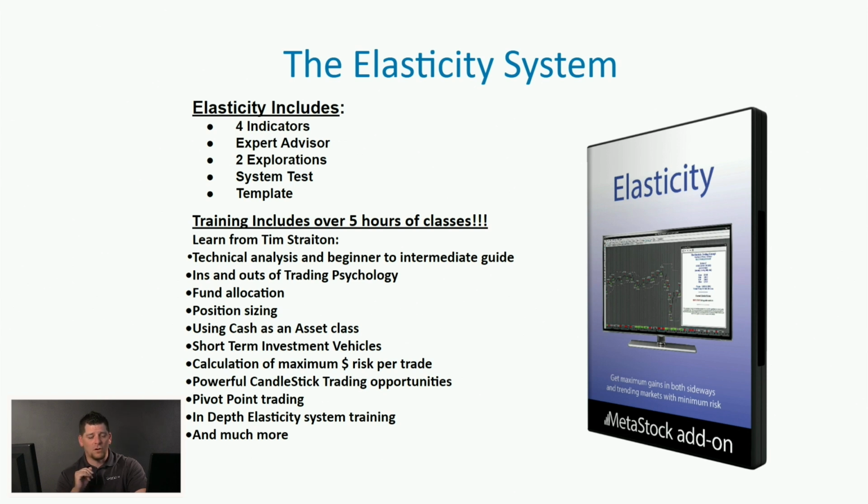These classes are great. So with the Elasticity system, you're going to get the 4 indicators. You're going to get the expert advisor that will walk you through the signals. It's going to come with 2 explorations, the buy and the sell signals, the system test that we took a look at a little bit earlier, and the elasticity template with all of the markers on there that we were looking at.